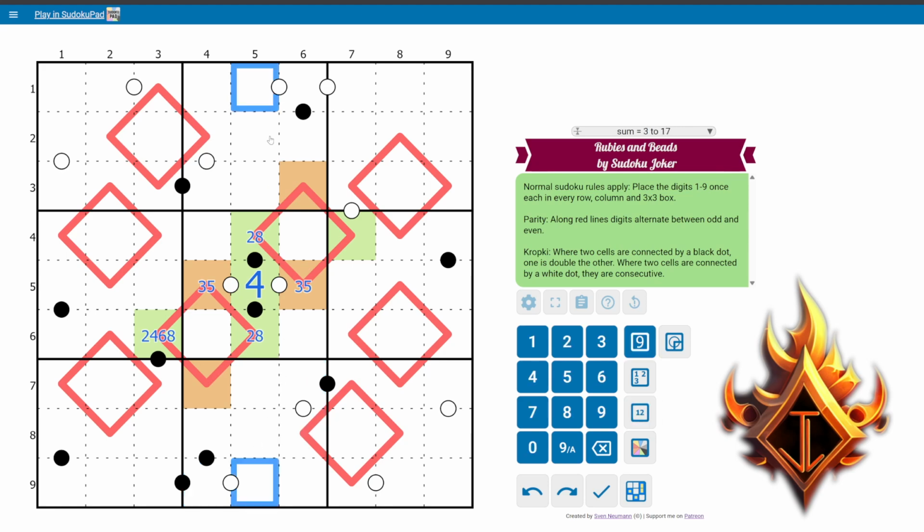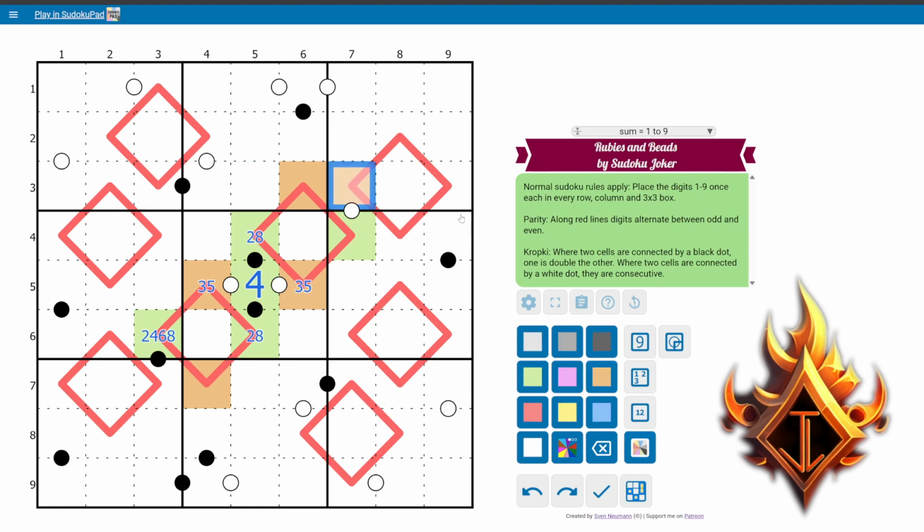At least one of these are odd. Both of them could be. If, well, both of these cannot be odd. They could both be even, though. Oh, these are consecutive. So that is odd. That will make that odd. That will make those even.